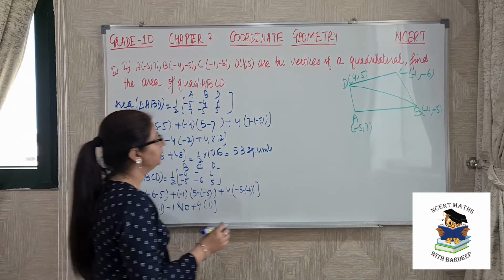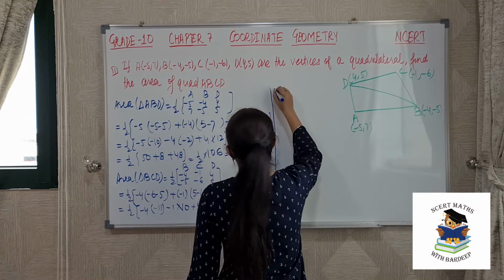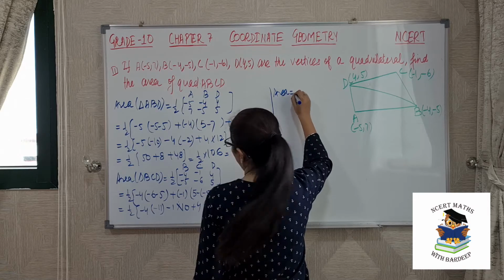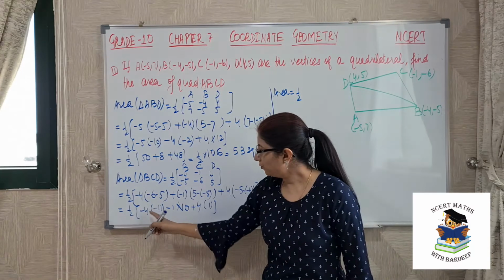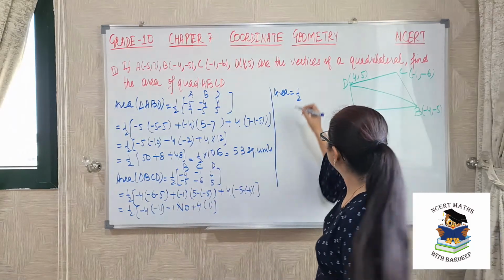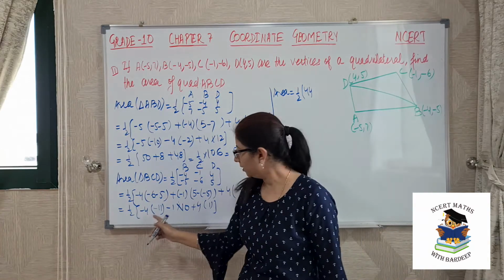Okay, so let's solve this further. So this is area equals to 1 by 2 of minus 4 into 11 is 44 with plus sign because both are negative terms.